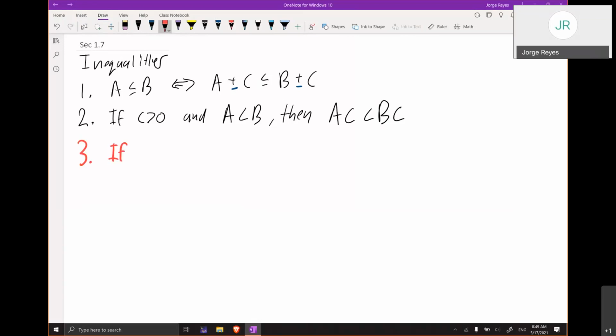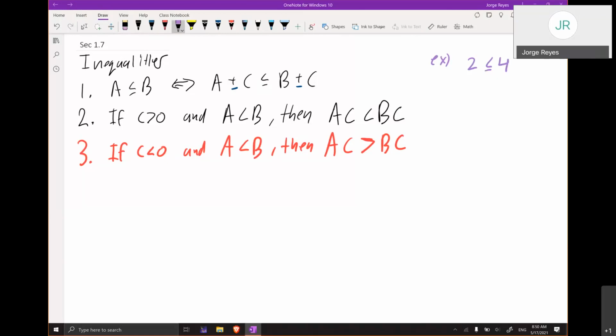Now we get to the special rule, the most important, and that's if you have a negative number. If you have a negative number, then when you multiply to both sides, you actually have to flip this inequality. It goes the other direction. Let me prove it to you in a small example. 2 is less than or equal to 4, we all agree?